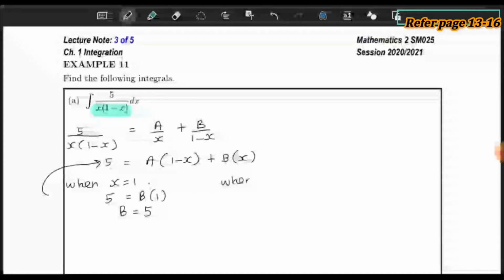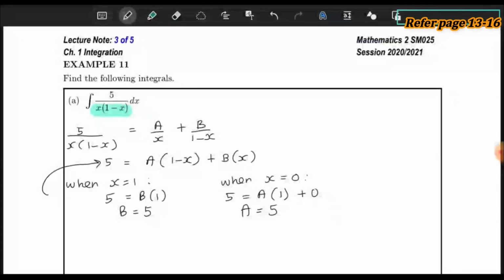Okay, next, when x equal to 0, 5 equal to a times 1 minus 0 is 1 plus b times 0 is 0. So, a times 1 plus 0. Therefore, a equal to 5.